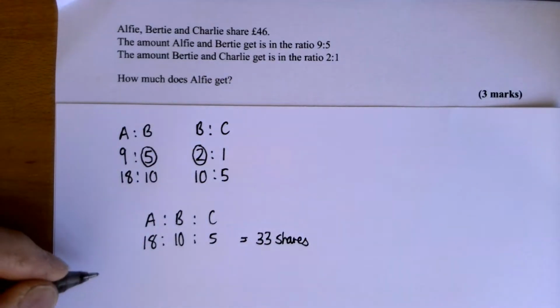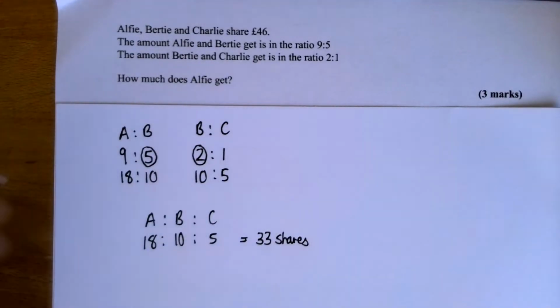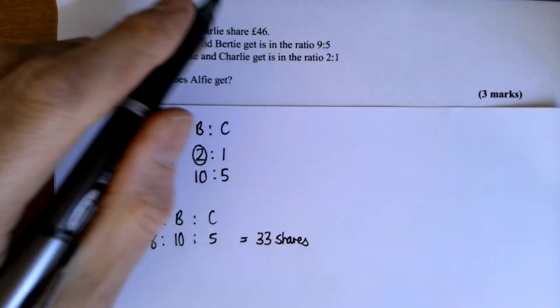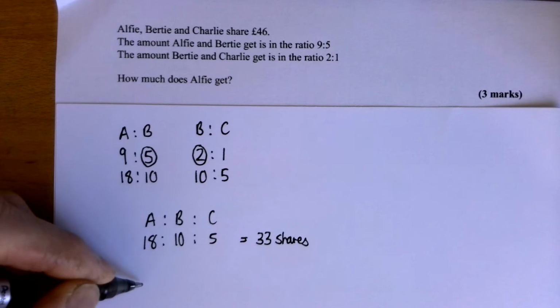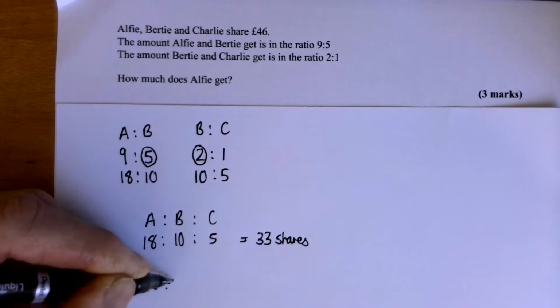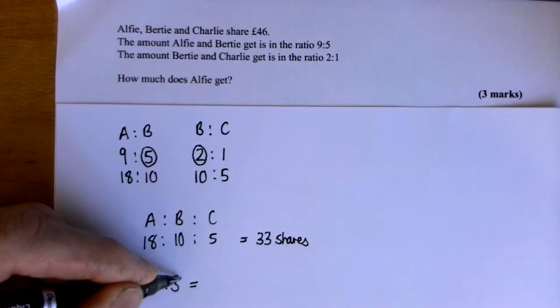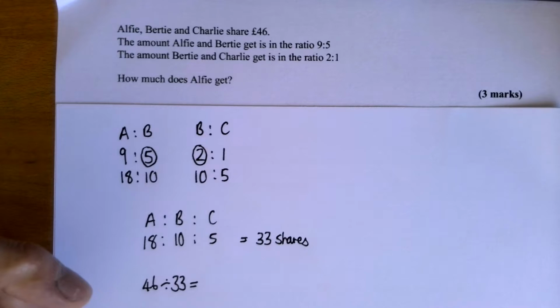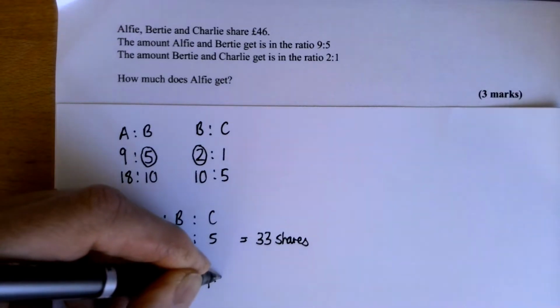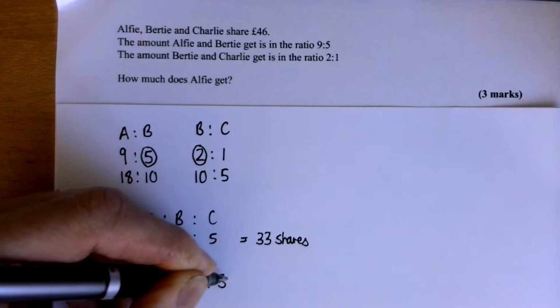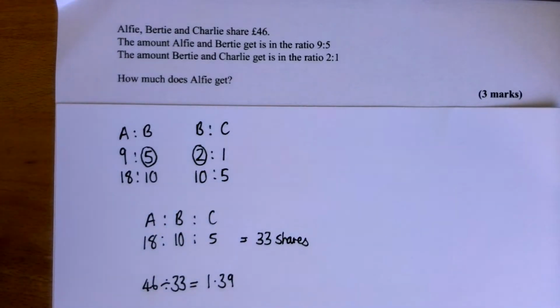Now, I can't draw my boxes, 18, 10, 5, that would be too many, but I've got £46, so I know that £46 divided by 33, sorry, not divided by 3, divided by 33, is £1.39 when I round it.